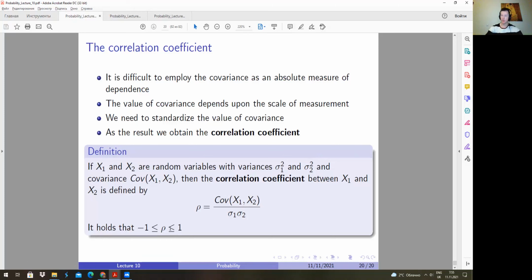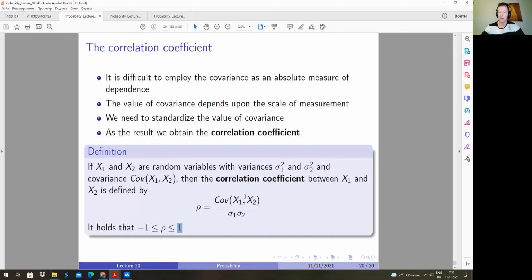And it holds always that the correlation coefficient is between -1 and 1. When -1 is the strongest possible negative linear dependency, and 1 is the strongest possible positive linear dependency. When the correlation coefficient is 0, it means that the covariance is 0.